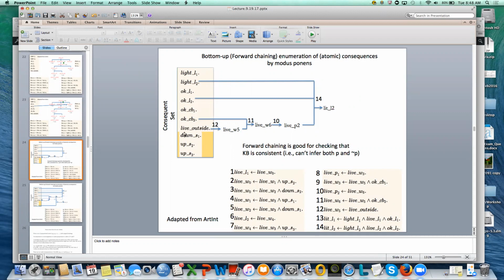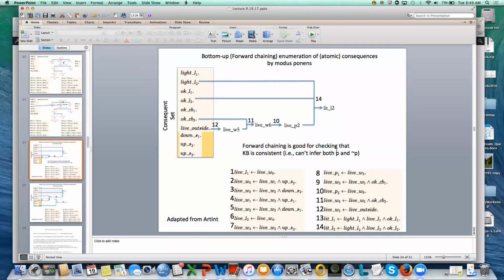So in forward search, we start with the axioms. We start with the atomic axioms, and in the text, this is a limited environment. They're just talking about definite clauses, propositional definite clauses.